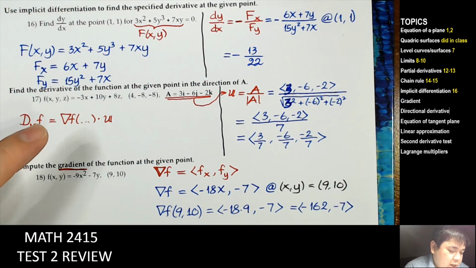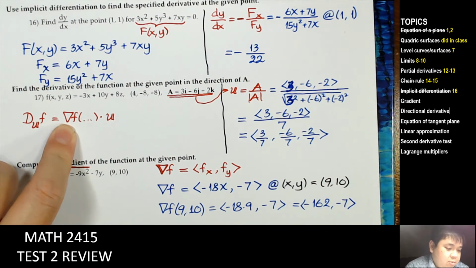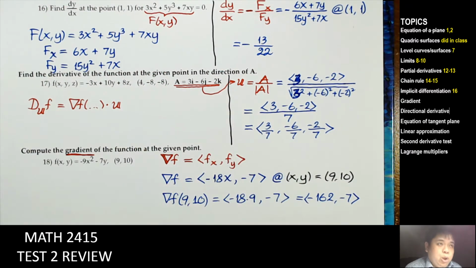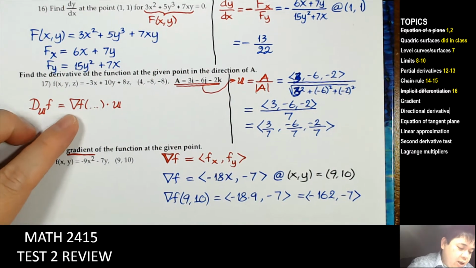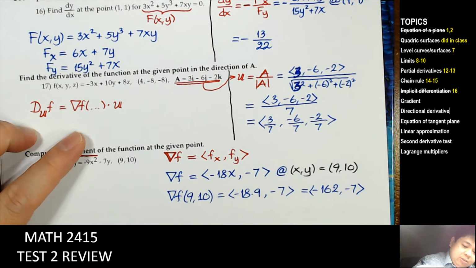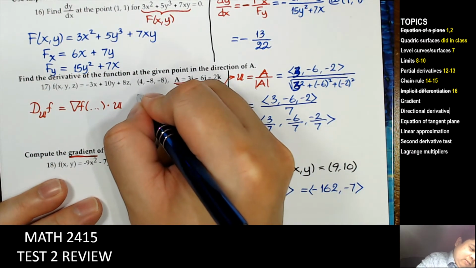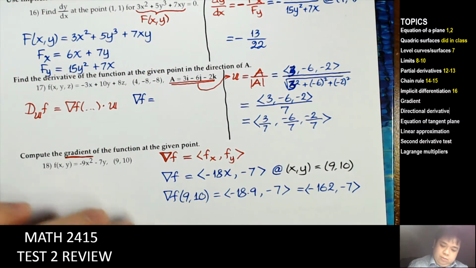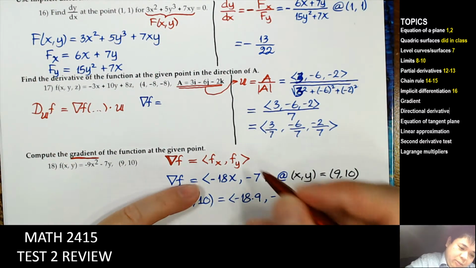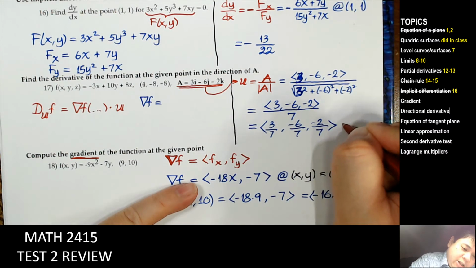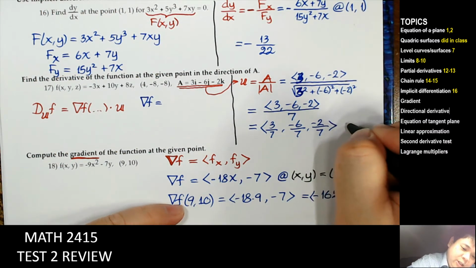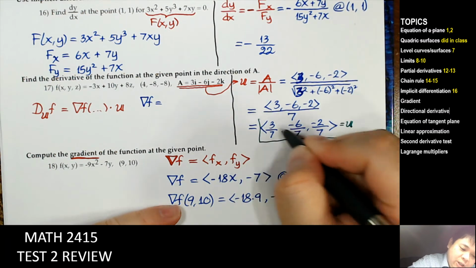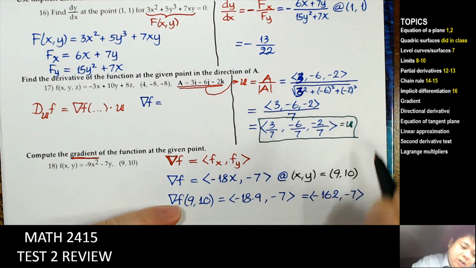Next we're going to find the gradient, evaluate at the point, and then dot with the unit vector. First we find the gradient. This is the unit vector u, which gives us the direction.